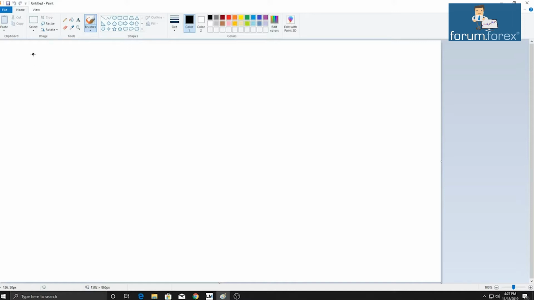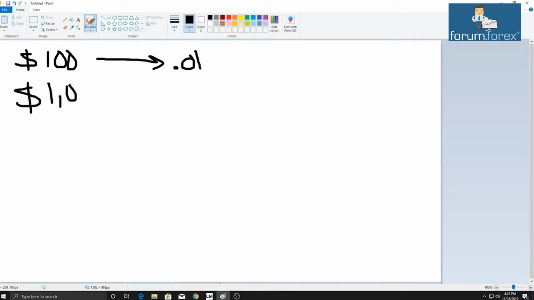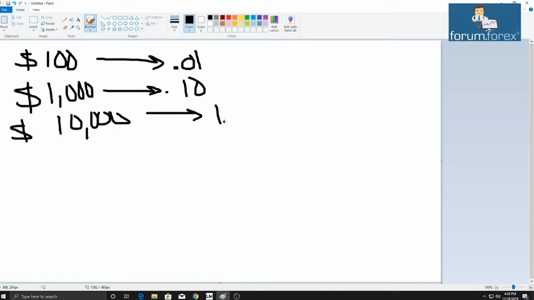There's a common misconception that per, say, $100, your lot should be, say, 1 micro, 0.01, or per, say, $1,000, your lot should be 0.10, or per $10,000 your lot should be, say, a standard 1.00.